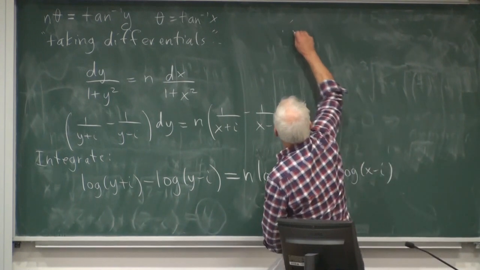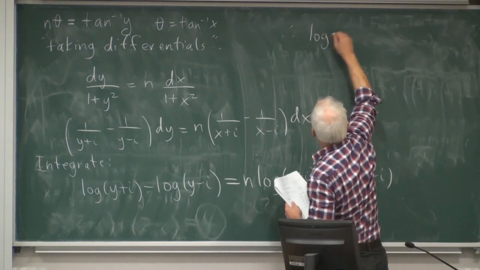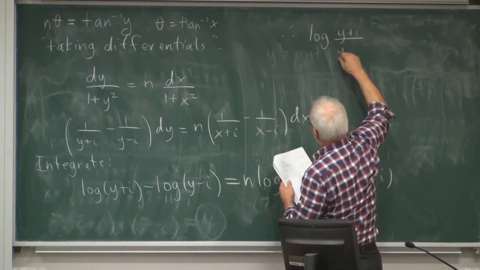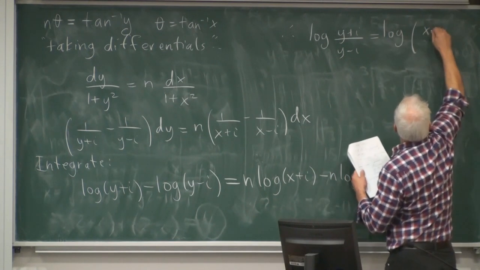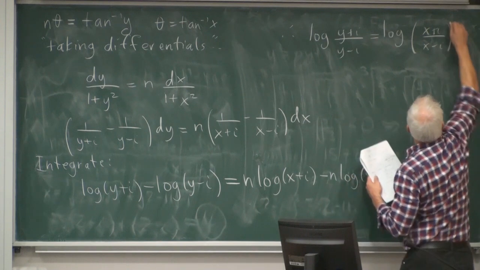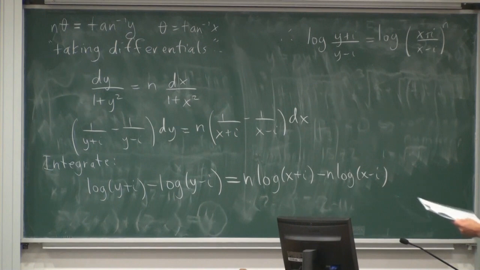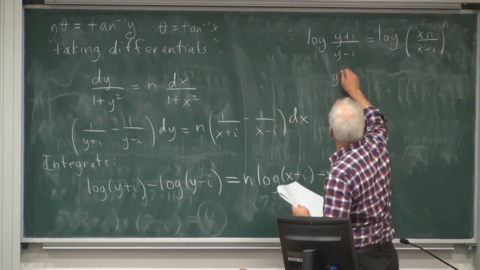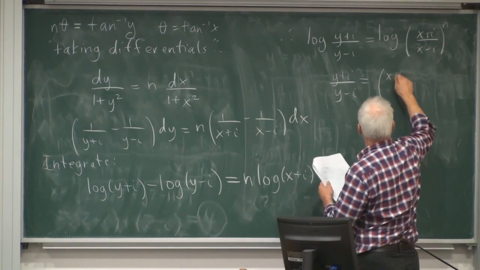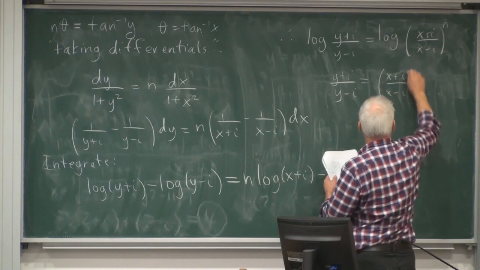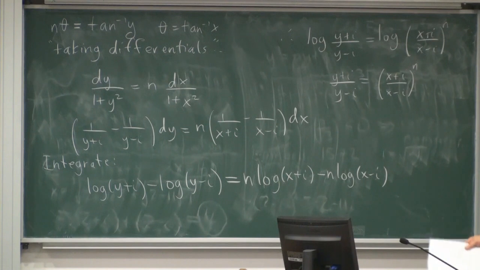And that is, using properties of the logarithm, that log of y plus i over y minus i equals log of x plus i over x minus i to the n. And if the two logs are equal, well then what's inside are equal. So y plus i over y minus i equals x plus i over x minus i to the n. So that was Bernoulli's derivation.